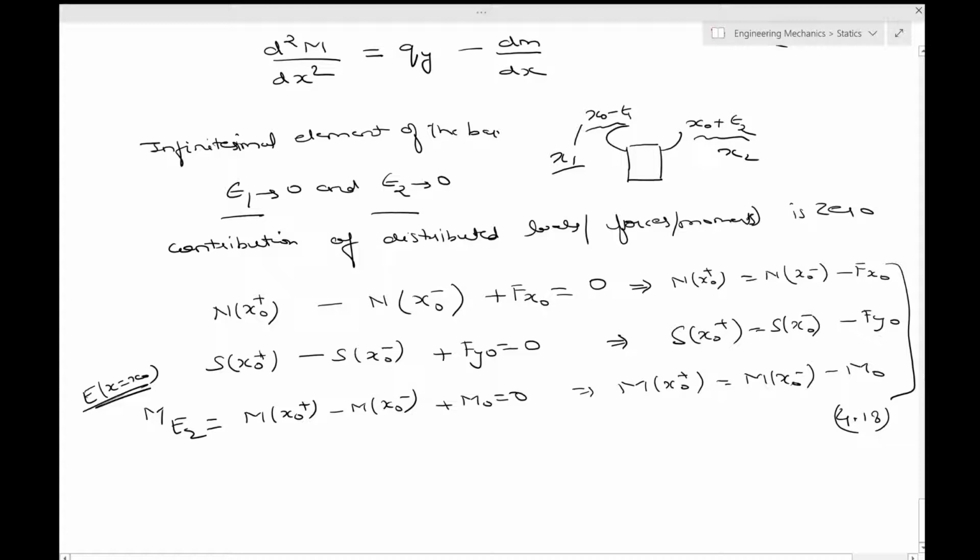So as you can see, these 4.18 are the so-called jump conditions of equilibrium at x naught.